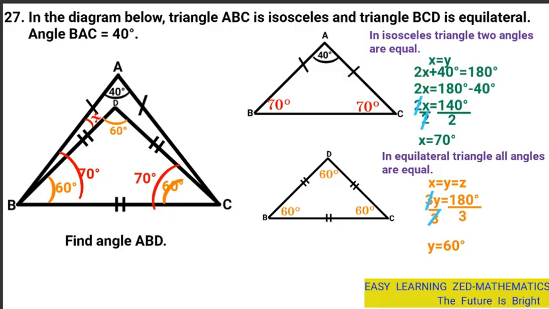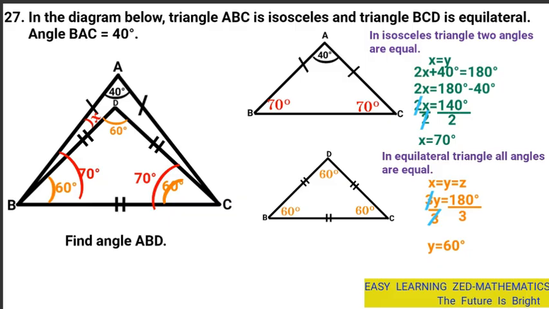So we are going to come up with an expression. When you look at these two triangles, before you come up with an expression, you will see that the difference of angle ABC and angle CBD is the value of angle ABD. Follow me, I'll go slowly.